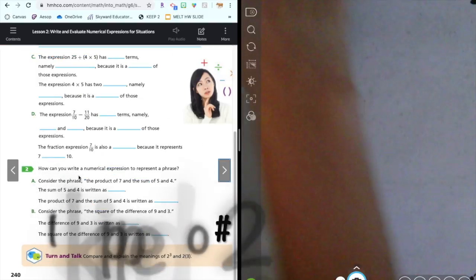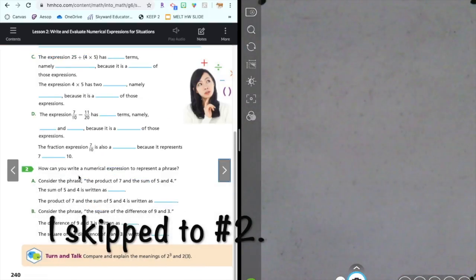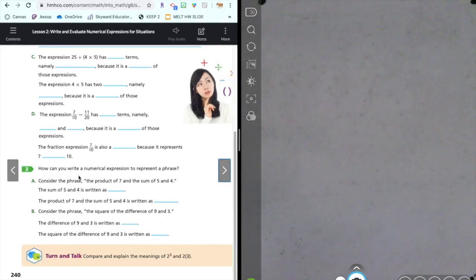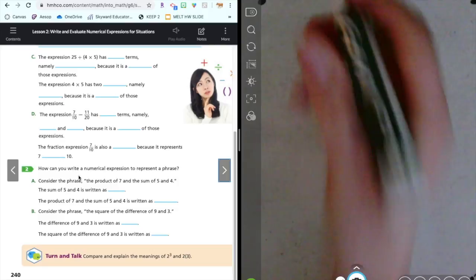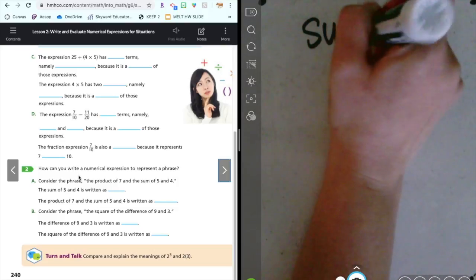Okay. Consider the phrase the product of 7 and the sum of 5 and 4. So we need to write it as a numerical expression, and I love how it's helping us think about it. So first it says the sum of 5 and 4. So when you see the word sum, what do you think of? All right, so sum means to add.